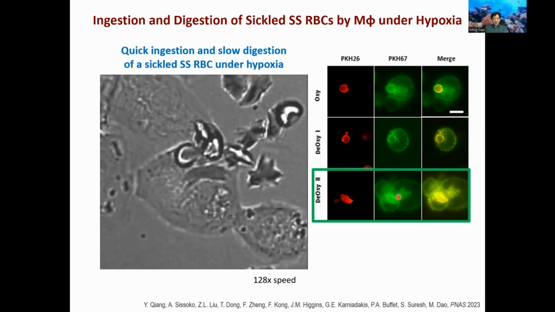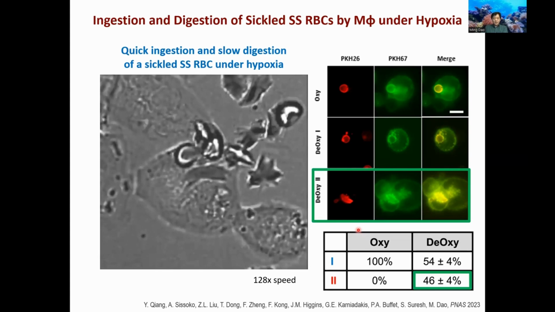They sickled and are taken up sickled under hypoxia. It's very interesting. So these will stay a long time, not being digested. It's very difficult to digest these polymerized fibers in this sickled cell. So this takes a long time, and about half of them are in this situation.